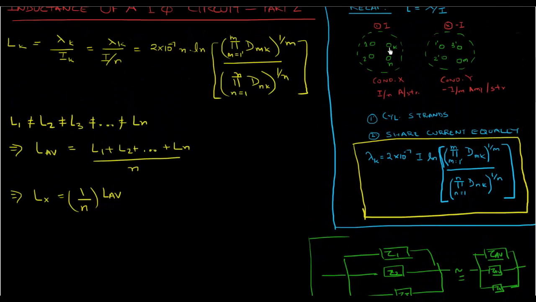Since all of these are in parallel, your L of x, your total inductance, is 1 by n times the average. Now, if we break that out, what that means is 1 by n times, we substitute this, L1 plus L2 plus so on all the way up to Ln divided by n.